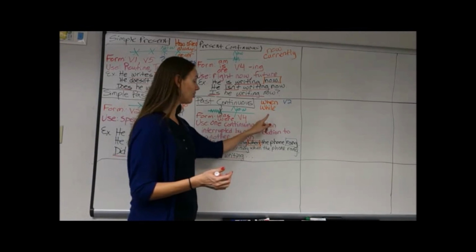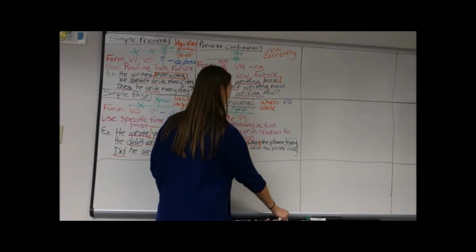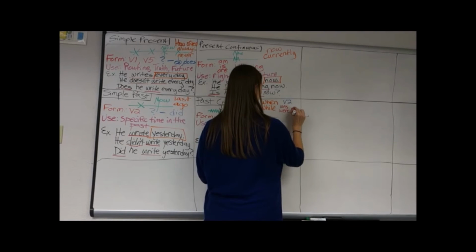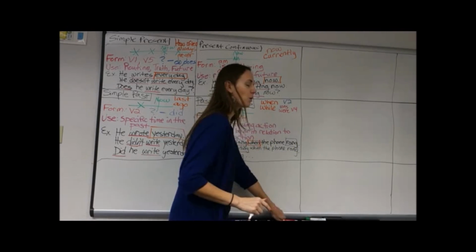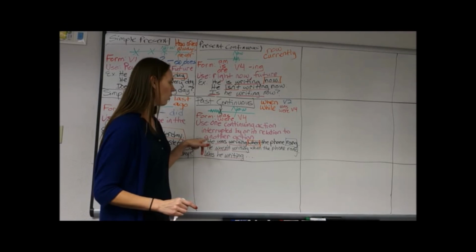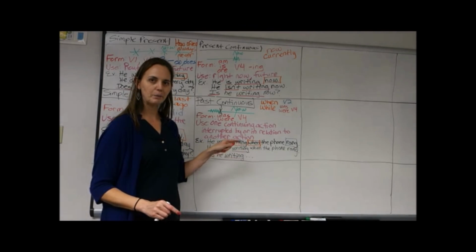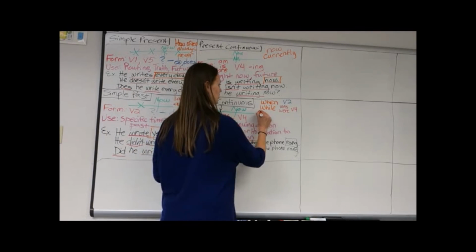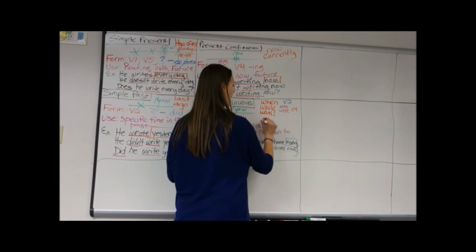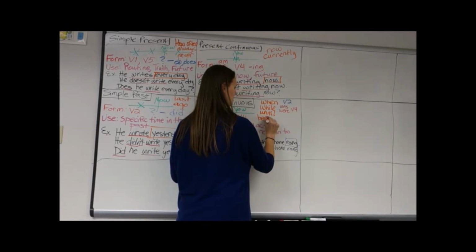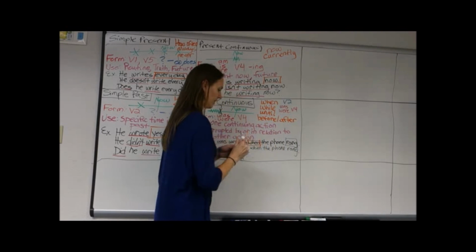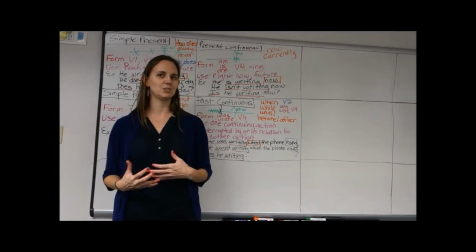If I have while, it's actually going to be followed by my past continuous, was, were, verb ing. So I could change this sentence to, while he was writing, comma, the phone rang. We're going to see several other ones too, until, and occasionally before or after for another time. These words let us know past continuous.